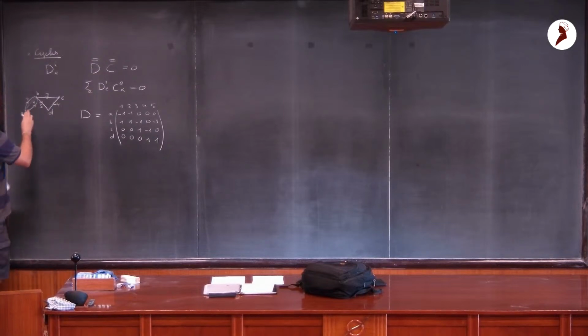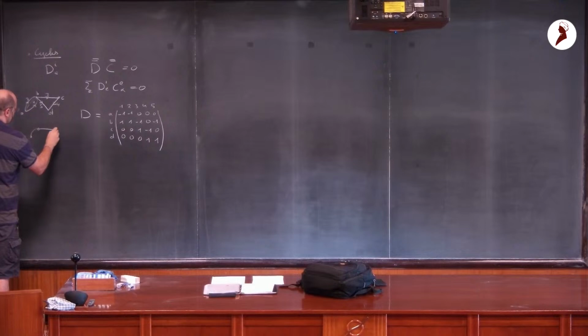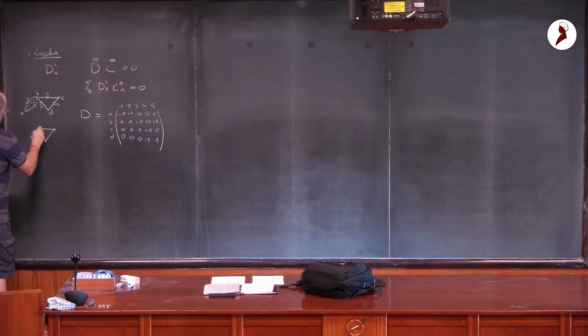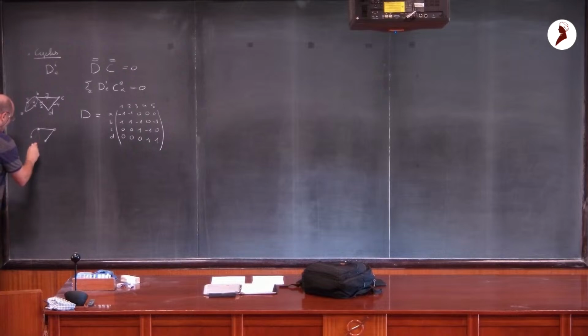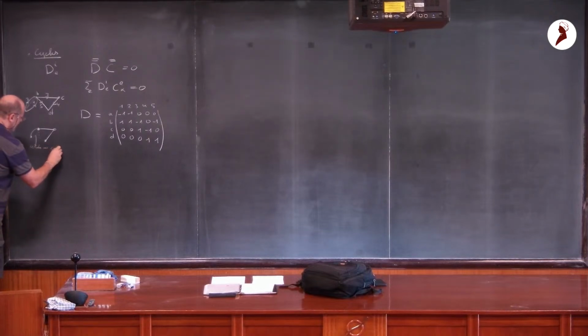A spanning tree is simply connecting all the nodes without creating any cycles. So this is, for instance, one spanning tree. There could be others. I put dotted lines for the edges that I removed to get my spanning tree. Those edges that I removed define chords, and each chord defines a cycle.